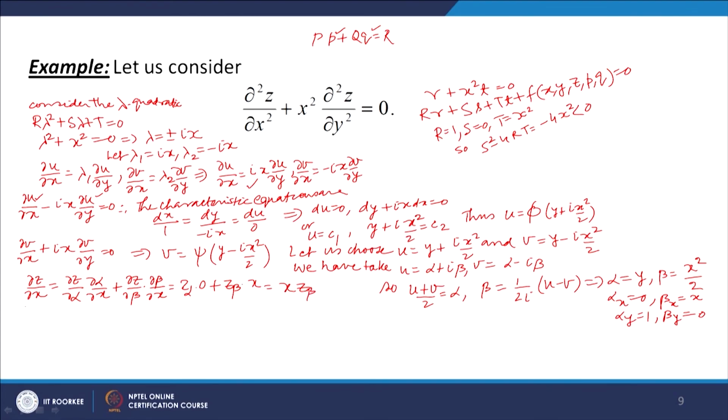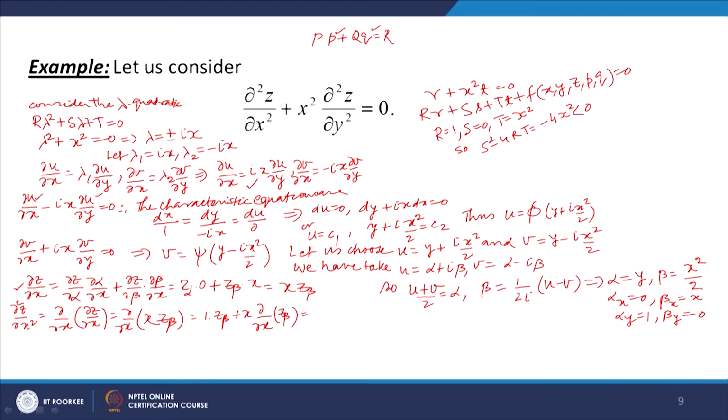Let us find again second derivative. So, del square z by del x square is del over del x of del z by del x, which gives you x z beta. Okay. So, this is a product of functions of x. So, derivative with respect to x, when we differentiate x with respect to x, we get 1. So, 1 into z beta plus x times partial derivative of z beta with respect to x. Okay. Now, partial derivative of z beta with respect to x can be found from here.